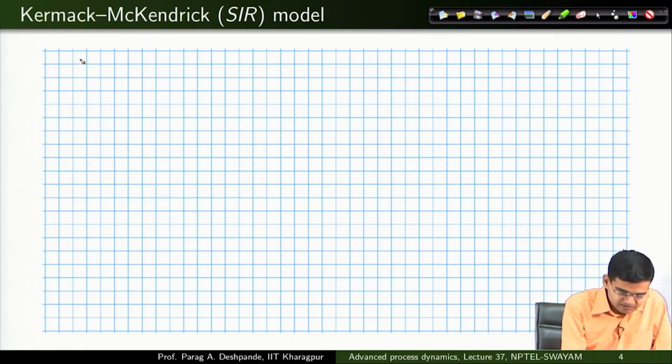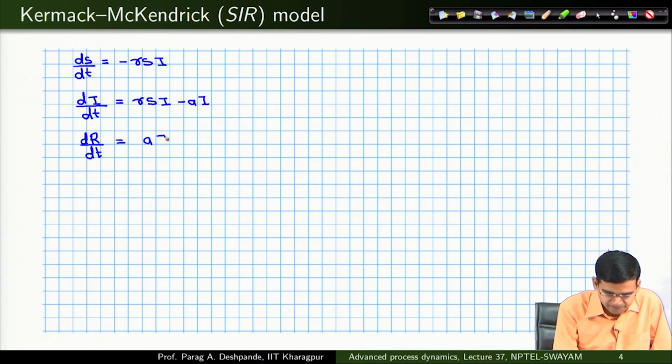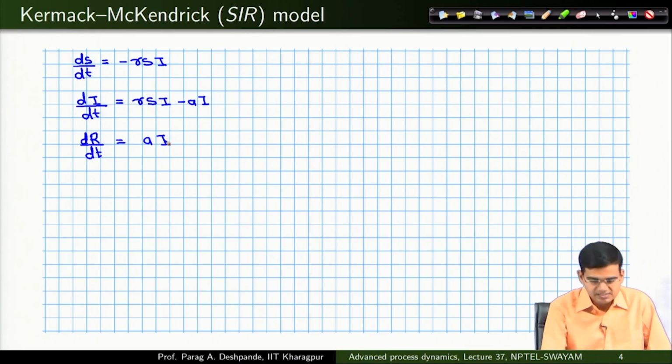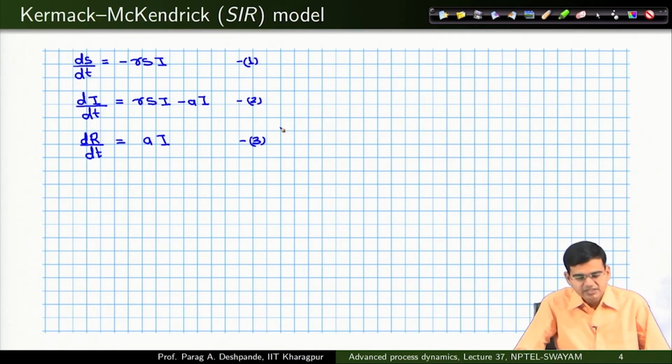So, we have dS by dt is equal to minus r S I. We have dI by dt is equal to r S I minus a I, and we have dR by dt is equal to a I. Let me assign these equations as equation 1, equation 2 and equation 3. Fine.